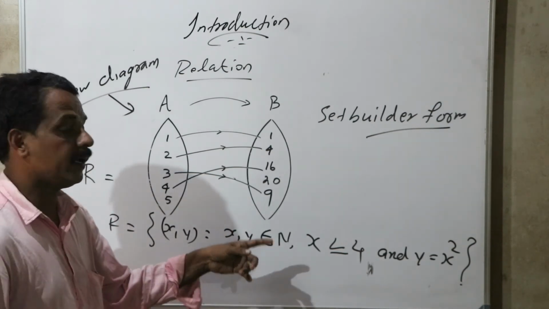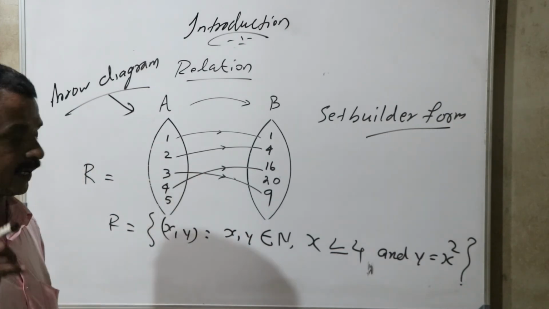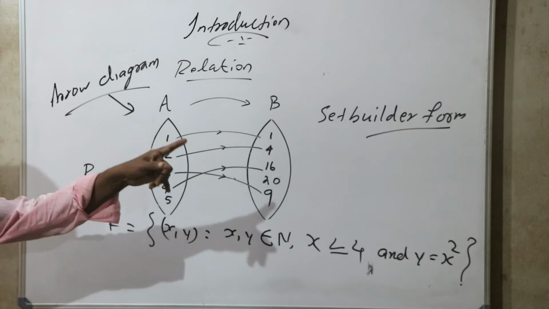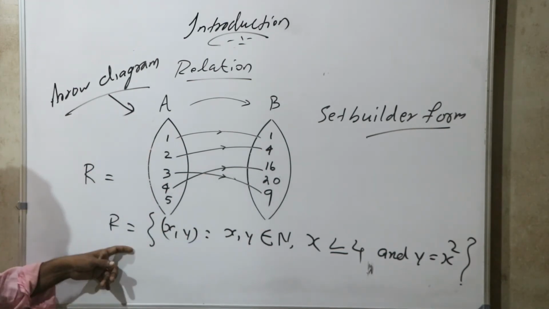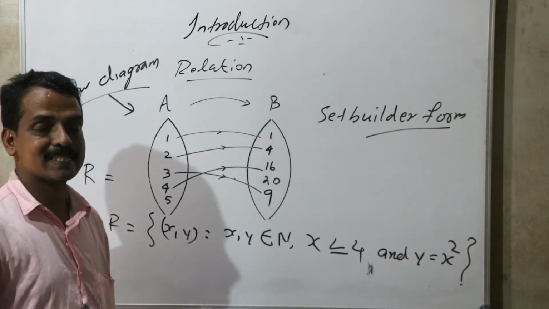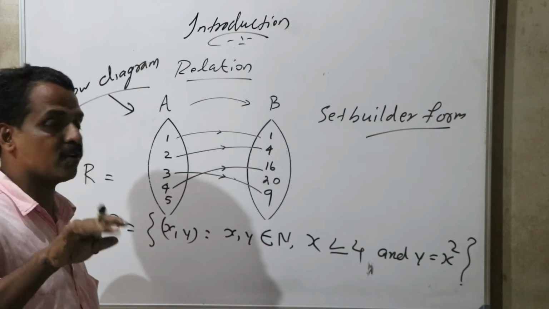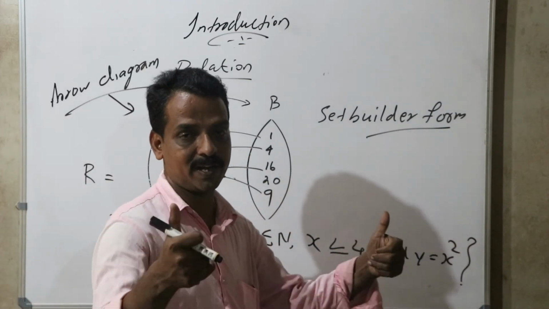So we also bring this point in. Okay, the set builder form of this relation R is equal to {(x, y) such that x, y are elements of N, x less than or equal to 4 and y is equal to x square}.